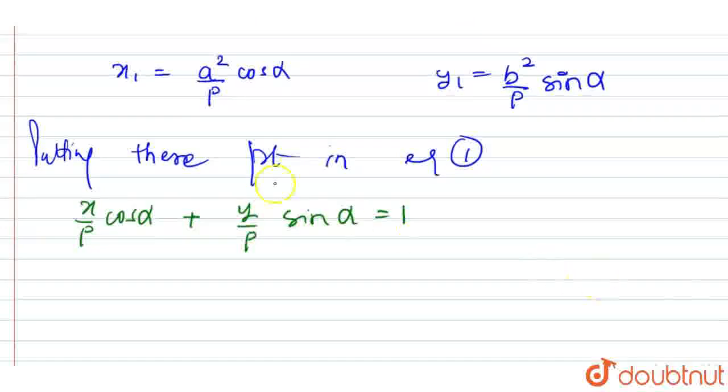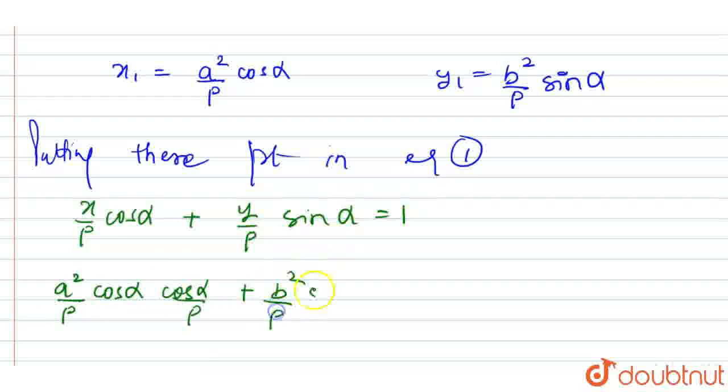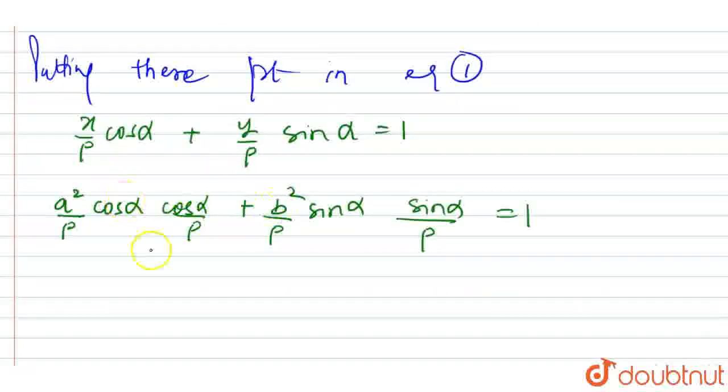And our x is equal to a square upon p cos alpha, and cos alpha upon p is already there, and y will be equal to b square upon p sin alpha, and sin alpha upon p is already there. So we will have p square common.